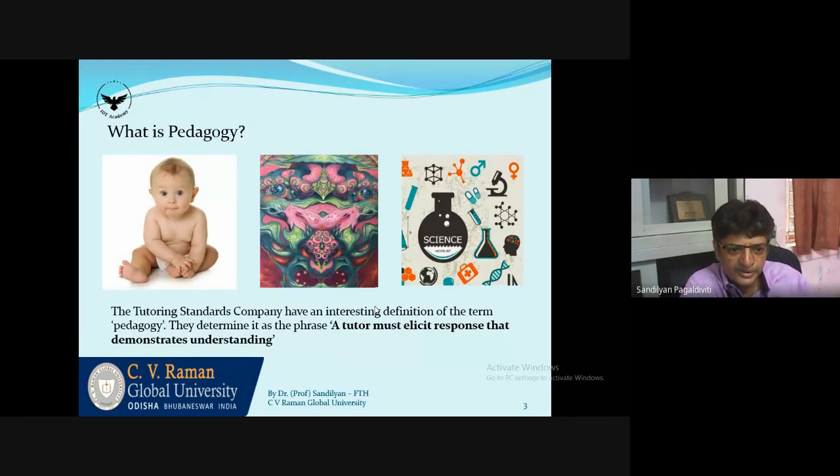That means the teaching process is incomplete until and unless the learner has validated that he or she has understood the subject. Till the time the learner has not demonstrated his understanding, the process remains incomplete.